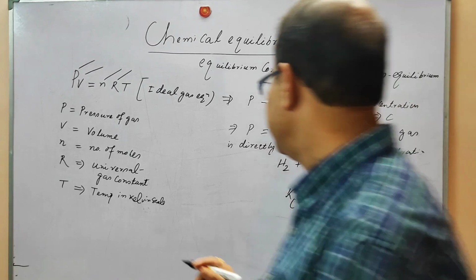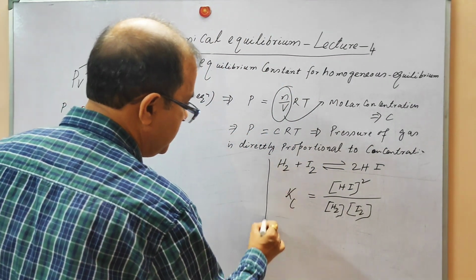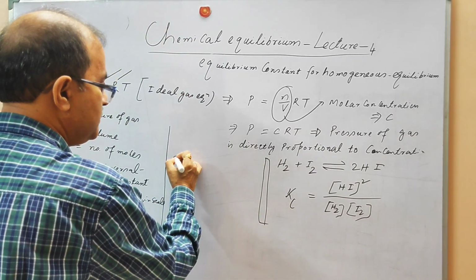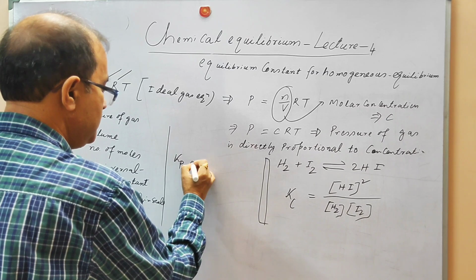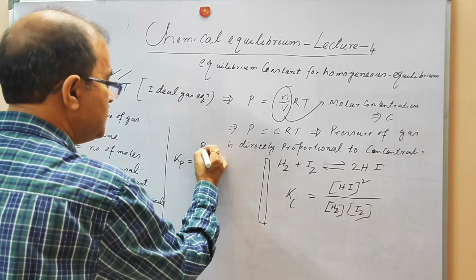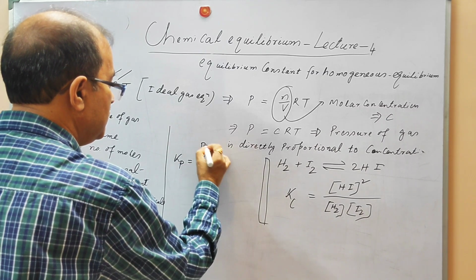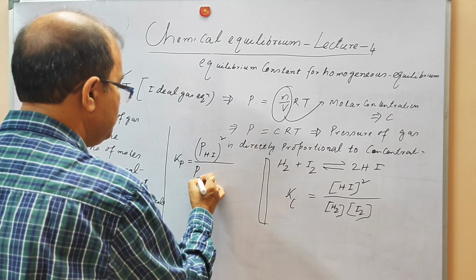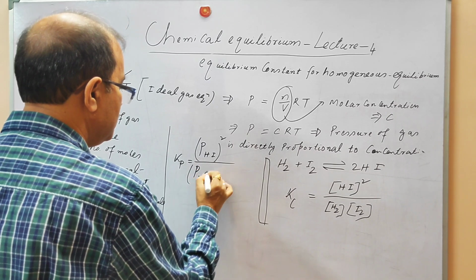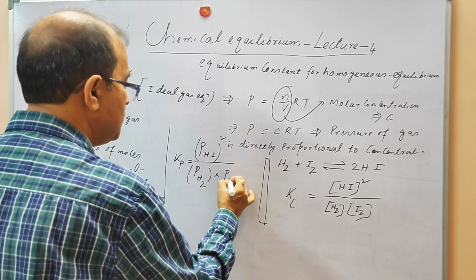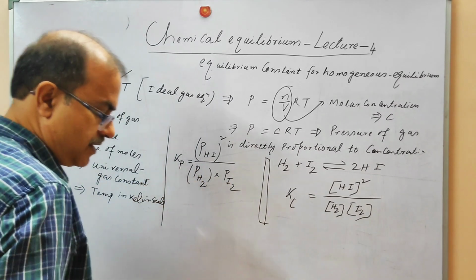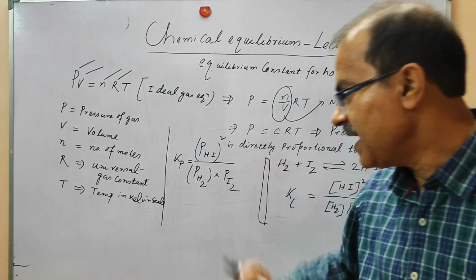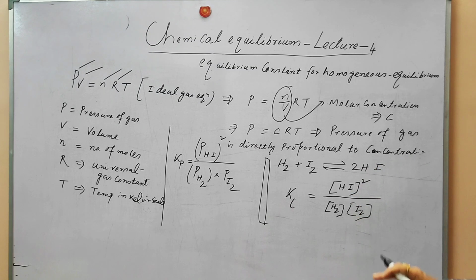In a similar fashion we can also write Kp. Kp is the partial pressure of HI, the whole square, divided by the partial pressure of H2 into the partial pressure of I2. This is the equilibrium expression for Kp, and this is the equilibrium expression for Kc.